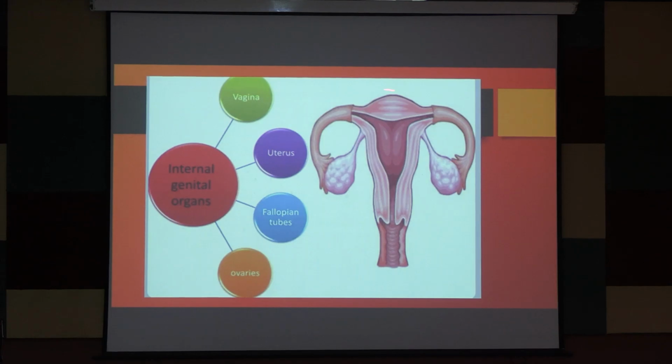More important is the upper genital tract, because it is communicating directly with the peritoneal cavity. So any infection from here can travel and reach the peritoneum, causing pelvic peritonitis, and from there general peritonitis. So we are all concerned much more about the upper genital tract than the lower genital tract.